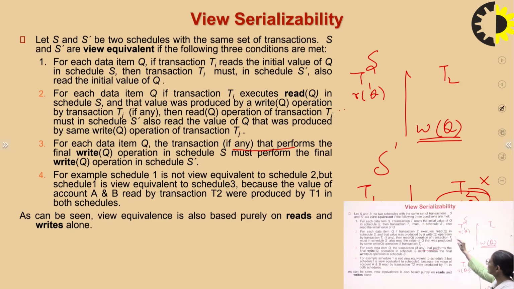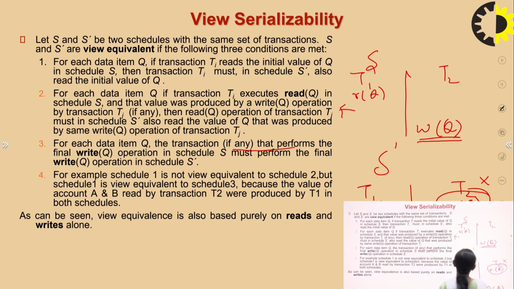Now come to this important property. It says that for each data item Q, if transaction Ti executes read Q in schedule S, and that value was produced by a write Q operation by the transaction Tj, then this order should also remain maintained in the S dash schedule.